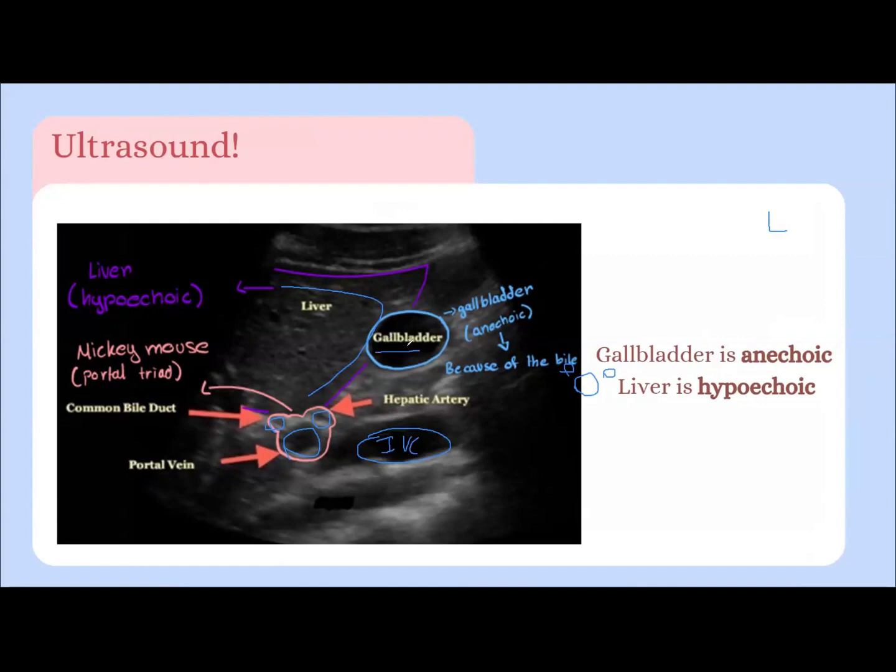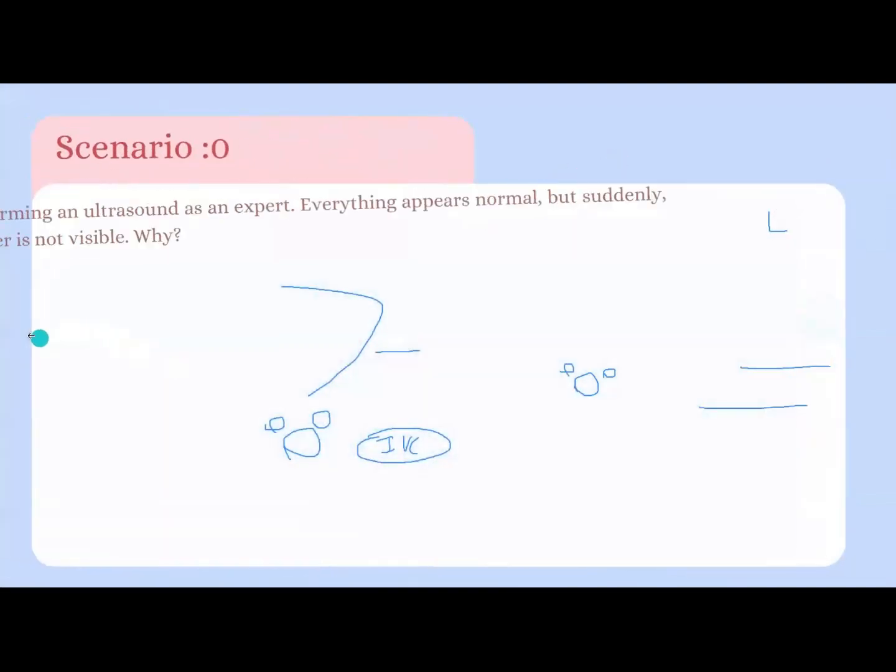But in order for you to differentiate between the IVC and gallbladder, the one that's closer to the portal triad is the IVC, because they will literally get the exact same picture as this one. The one that's above, closer to the liver, is the gallbladder. And remember, the gallbladder is anechoic, liver is hypoechoic, okay?